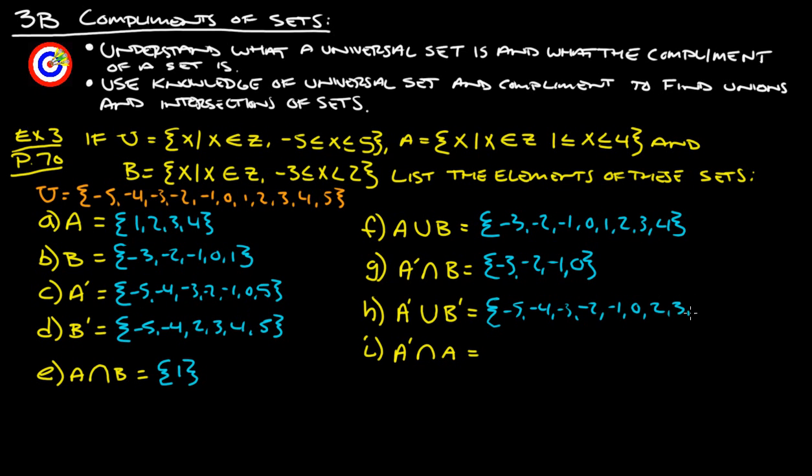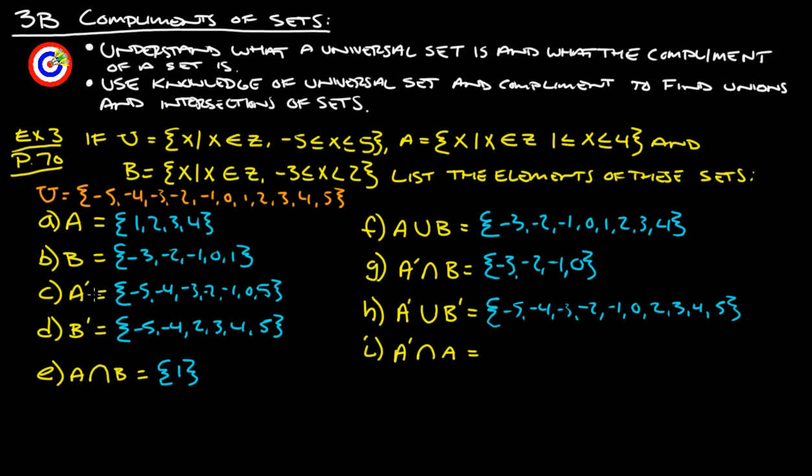And then we also have 2, 3, 4, and 5. So it's basically everything except for 1. 1 is the only number that's missing in there.